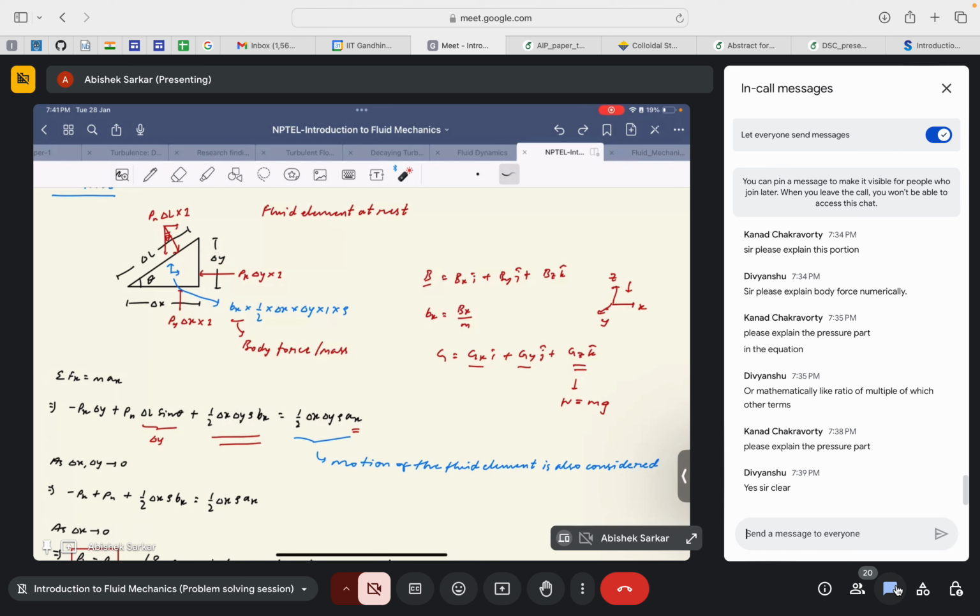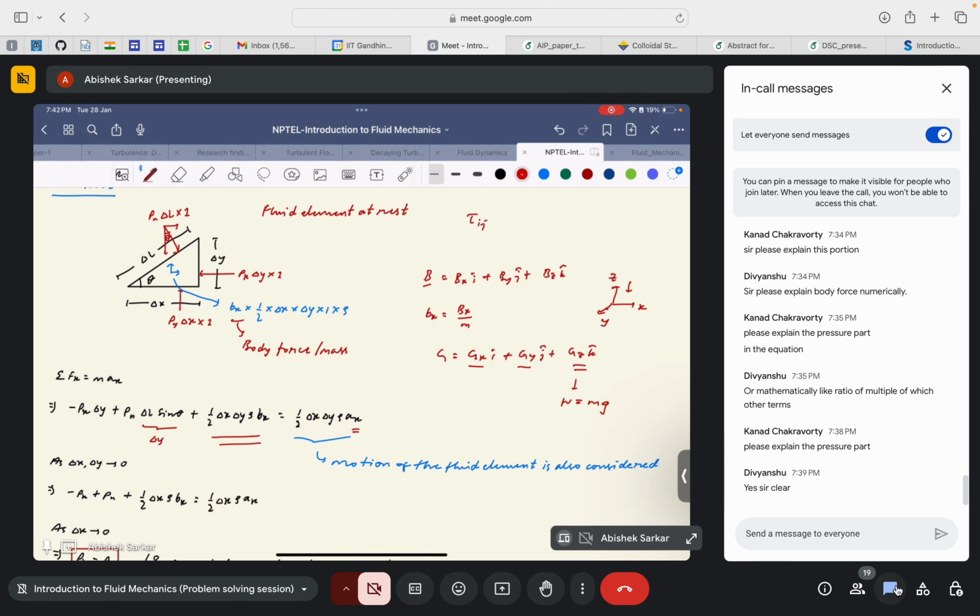That is also relevant, but right now I'm just focusing on what role the pressure has in the dynamics of this stationary fluid element. You will eventually see, when we thoroughly discuss the later part of the course, that the stress can be divided into two parts.